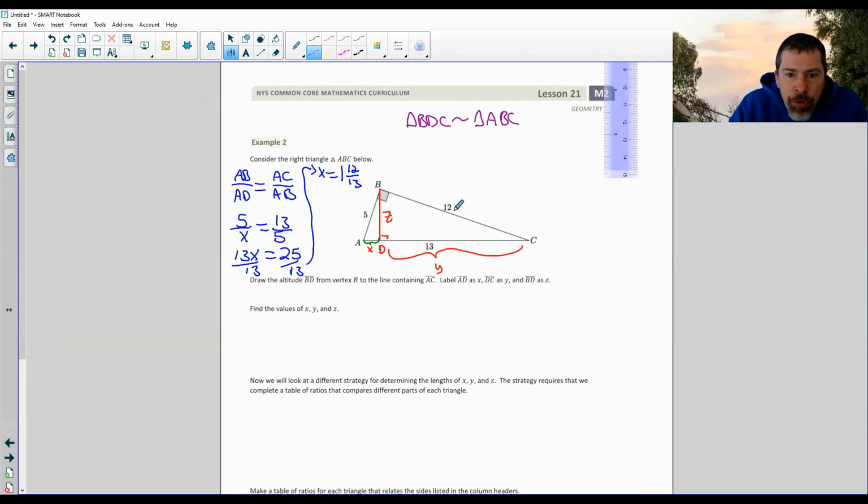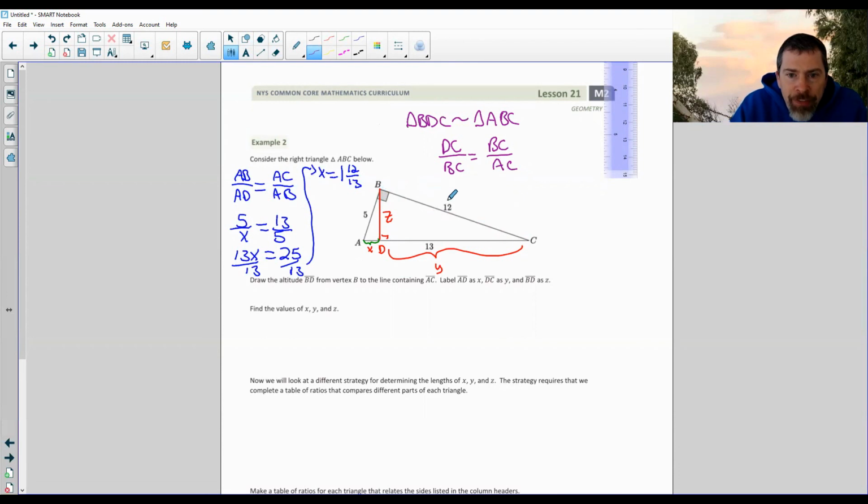So if I'm going to take the longer leg, which is DC or CD, whatever way you want to call it, I'm going to compare that to the long leg of the original triangle, which is BC. And that is going to be set equal to the hypotenuse of triangle BDC, which is BC, to the hypotenuse of ABC, which is AC.